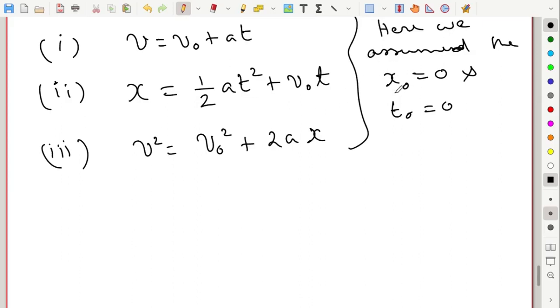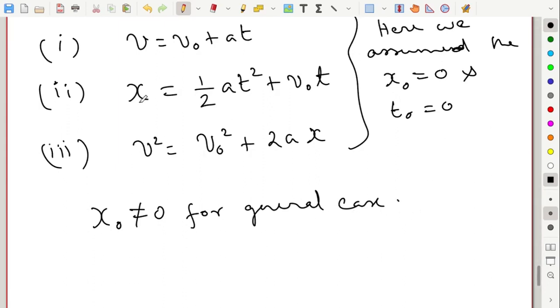But choosing the initial position as 0 cannot be a free choice. In some situations it happens, but not in all situations. So for the general case, x naught cannot be 0.